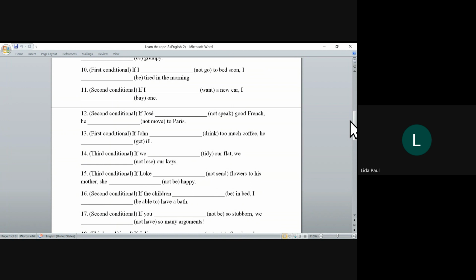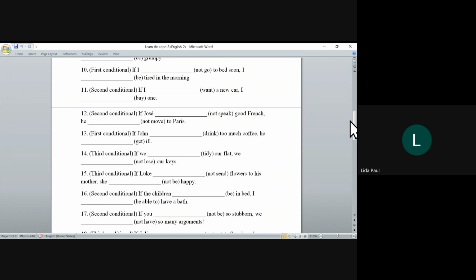Because you have the negative form, you'll have to use the did auxiliary. So if Jose didn't speak good French, he would not move to Paris, right? Understood this one?